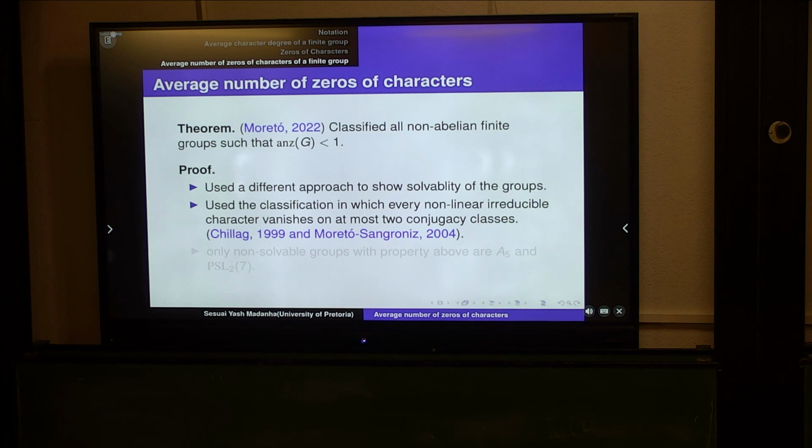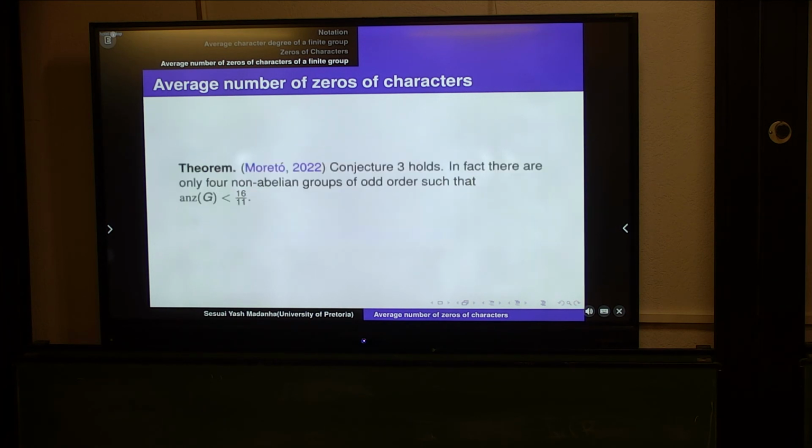I'm not going to talk about the proof, but just know that to show solvability, he used a different approach. And then he went on to look at the supersolvable groups and showed that the conjecture holds, and in fact showed that there are only 4 non-abelian groups of odd order with this property. So my conjecture was gone a year after I proposed it.